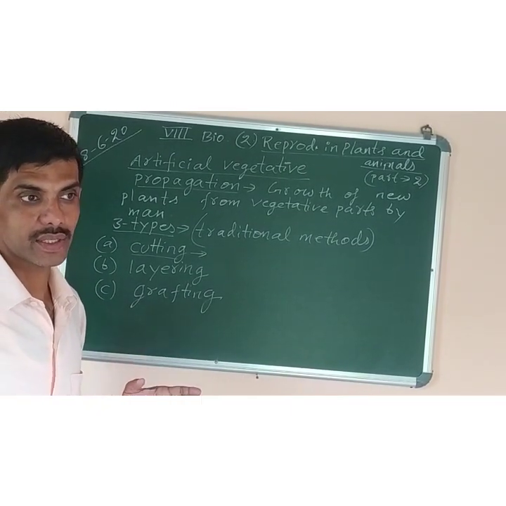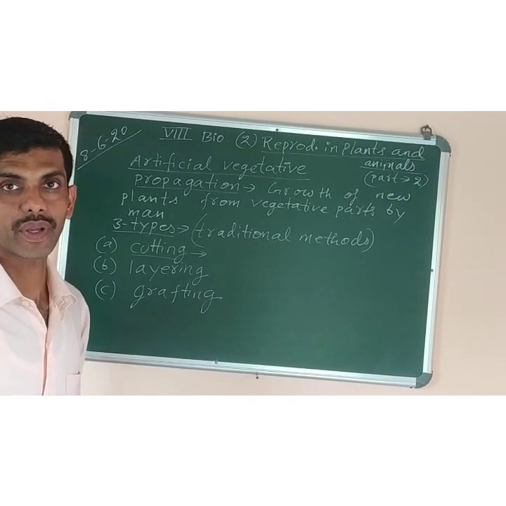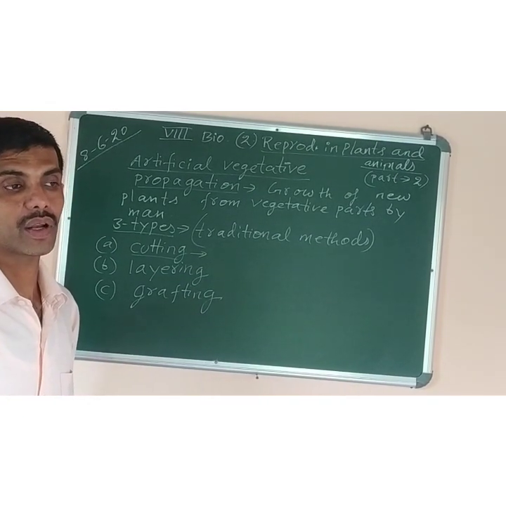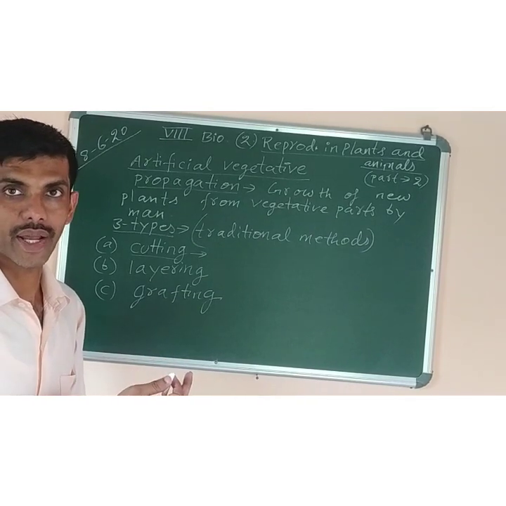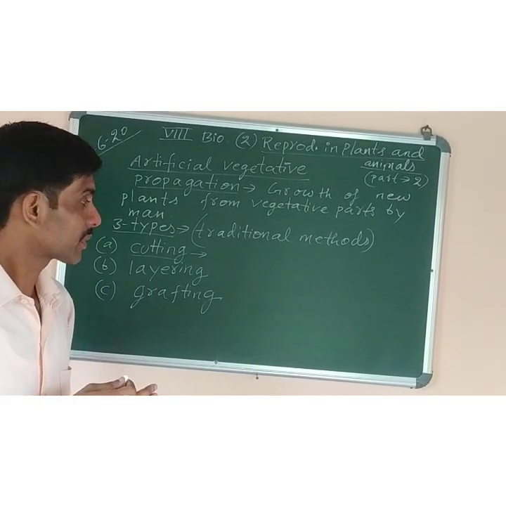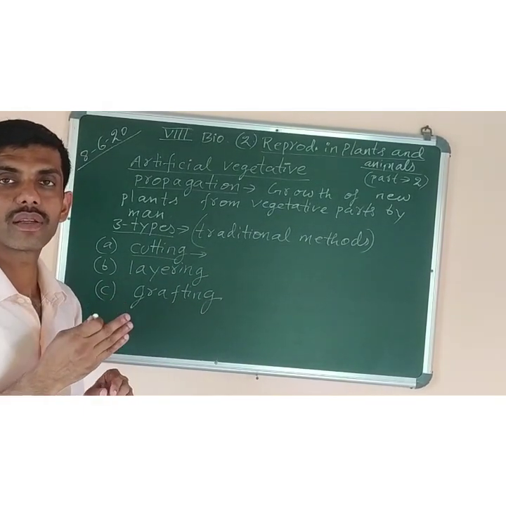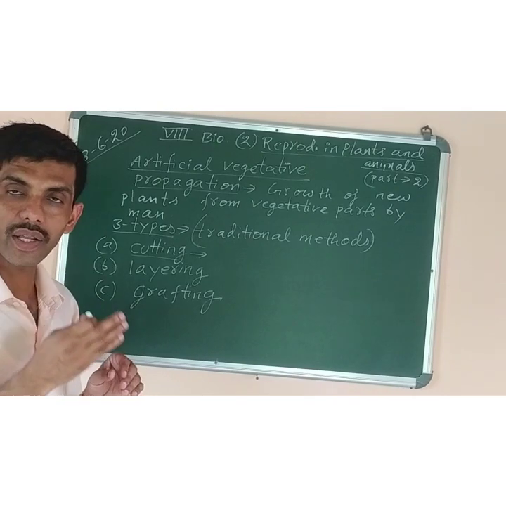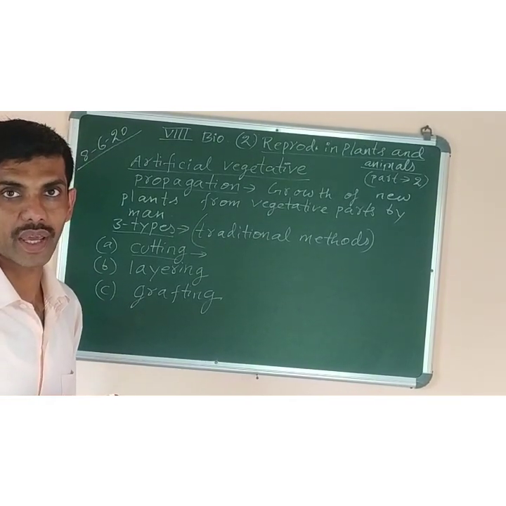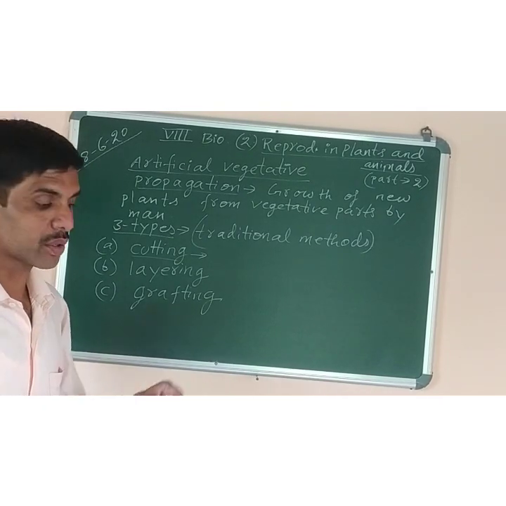If it is asked to grow a new rose plant, the best method is to ask for the stem cutting of that rose plant. Cutting is the method in which we take a part of the stem, or any other part of the plant, particularly stem, and grow it in the soil.